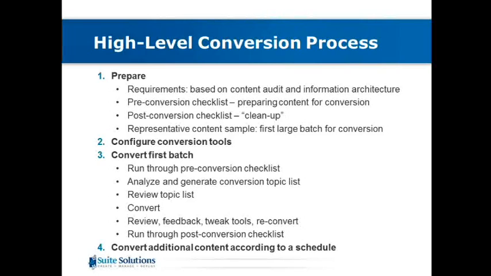The preparation for the conversion means preparing your requirements based on your content audit and your information architecture; your pre-conversion checklist, meaning preparing your content for conversion, since the content may need some work done before going into DITA; your post-conversion checklist, cleaning up the content after conversion, because sometimes there are things the conversion can't handle that you want to finish up; and creating a representative sample that's going to be converted first.